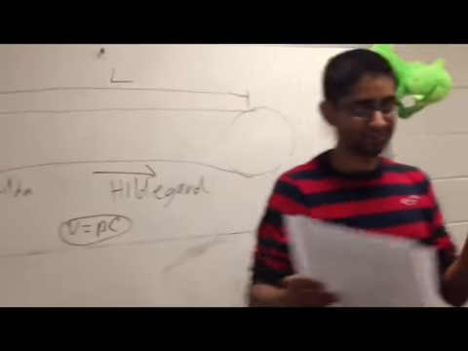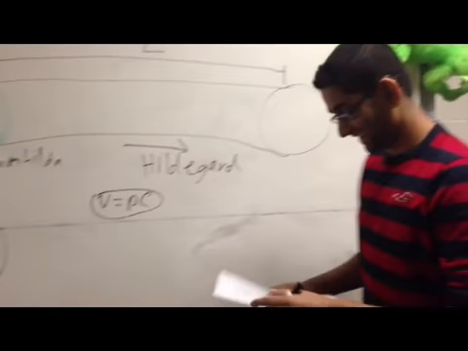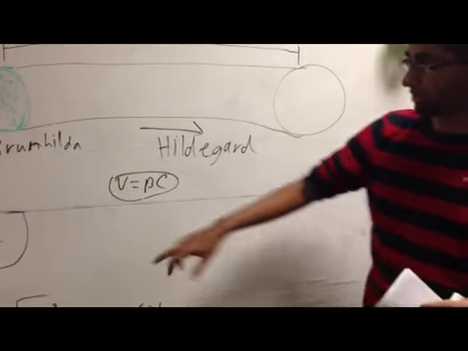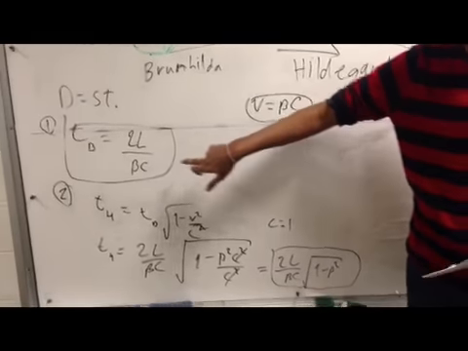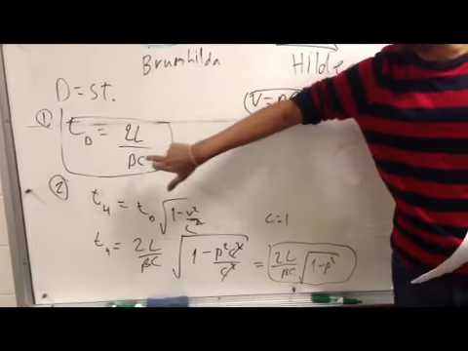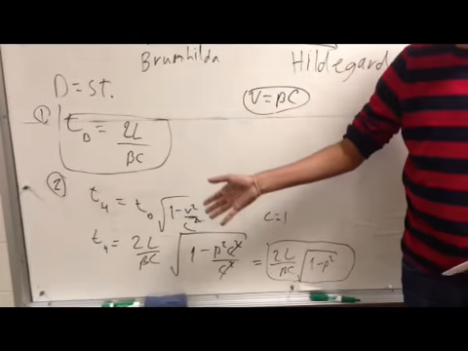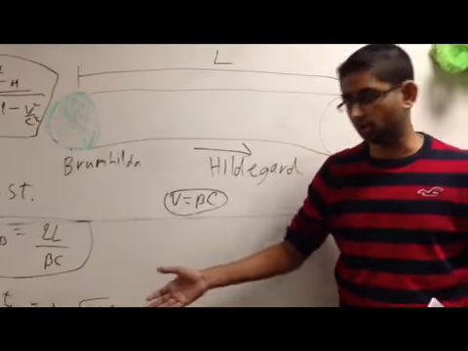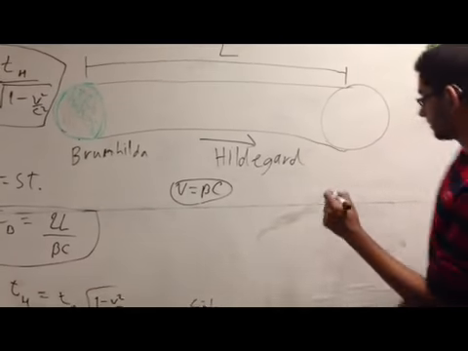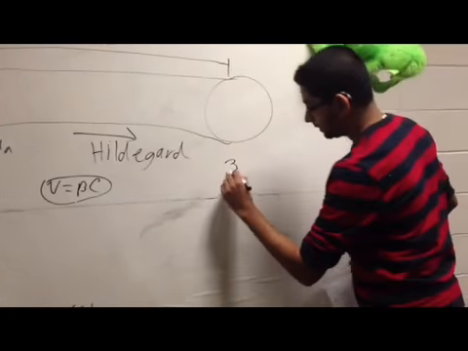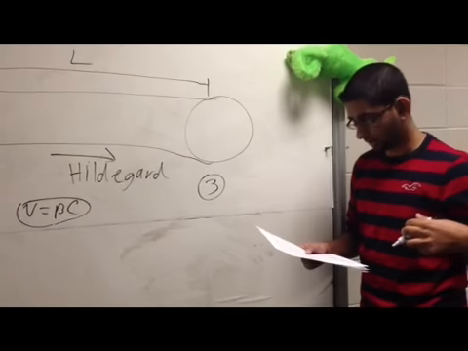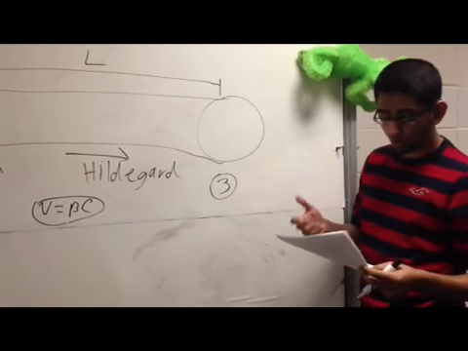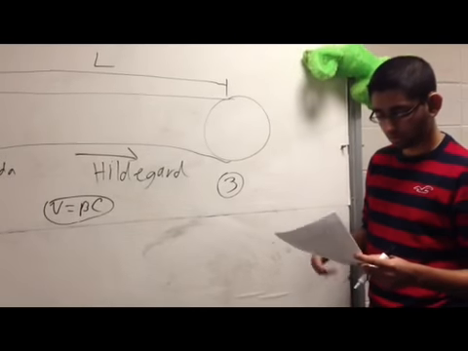Okay, as Ivy so very nicely explained, we had the two formulas for time of Brunhilde. We know that Brunhilde's time is 2L over beta because we let c equal 1 to make it simple. So now number 3 asks how old will each of the twins be upon Hildegard's return?